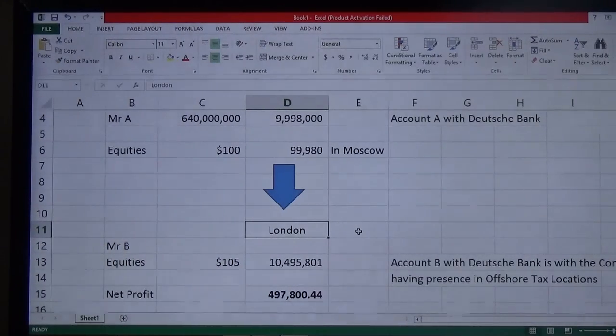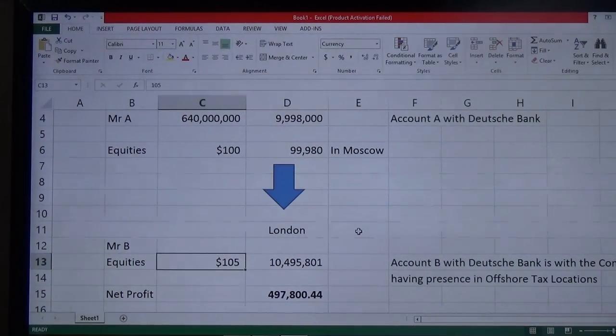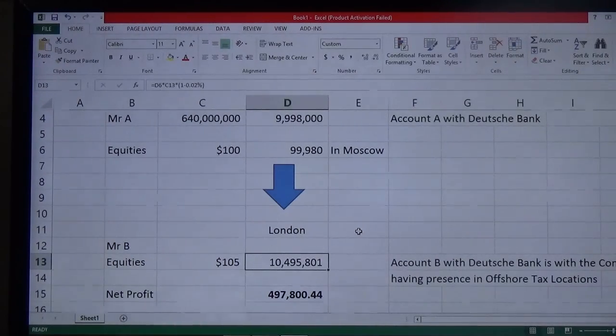Now assuming that by that time the Microsoft results went very good, and the price turned out to be 105. So the total value of these equities would be this, versus it was this. So this is the total gain.